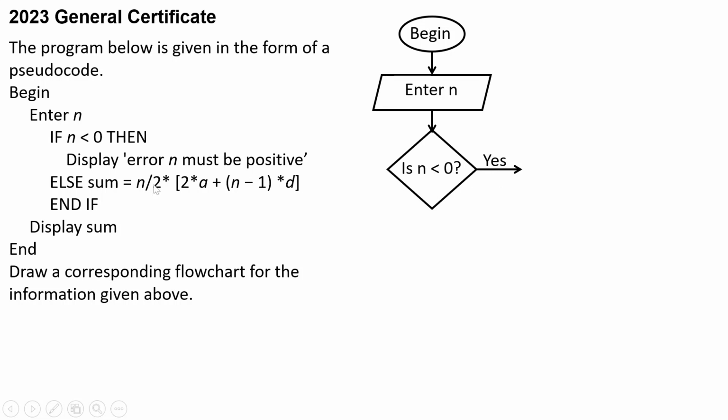Then what happens? Display error, n must be positive. So it means yes here.